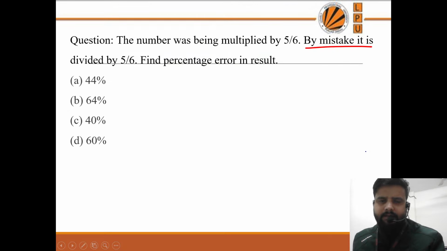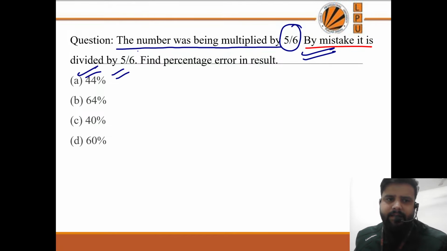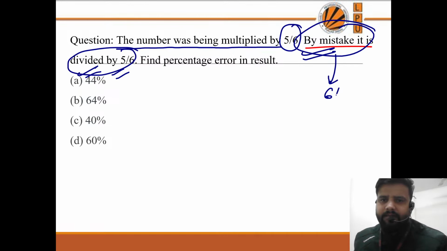Now let's move to next question. Next question was saying the number was being multiplied by 5 by 6. By mistake it divided by 5 by 6. It means they multiplied by 6 by 5. Done. So it means ideally it should be multiplied with this. So this is true value for you. Done.